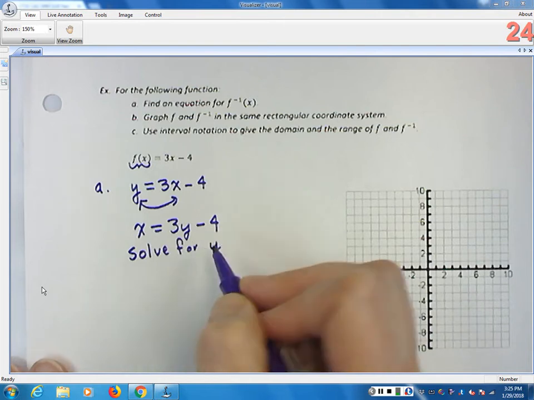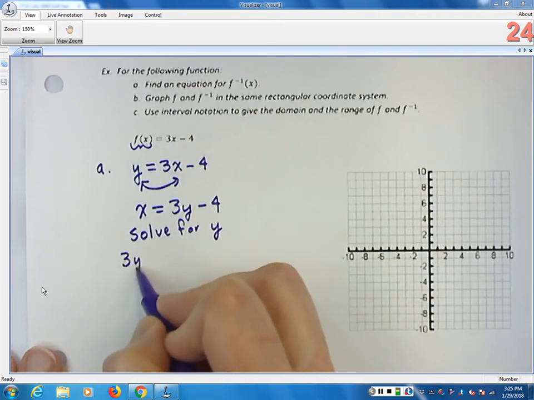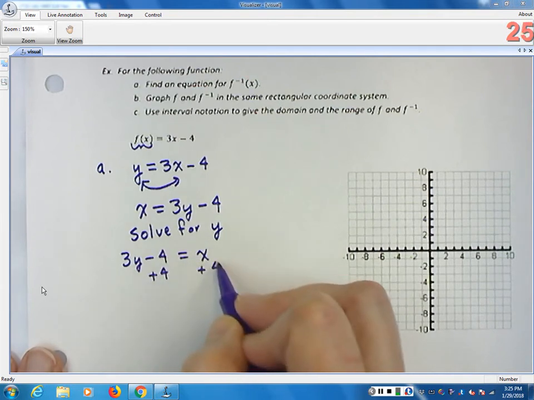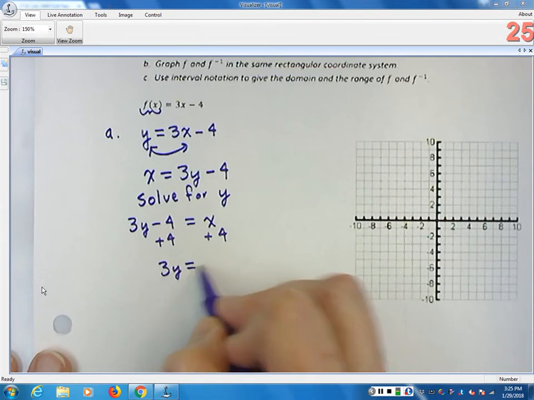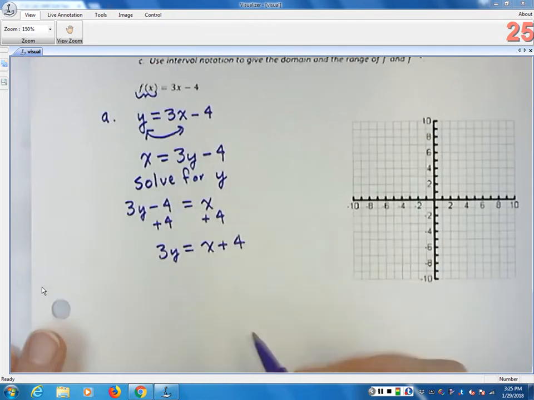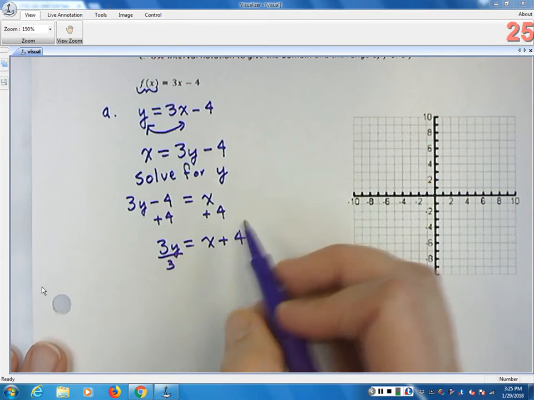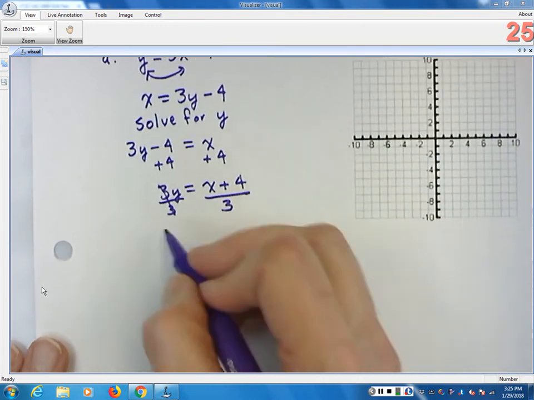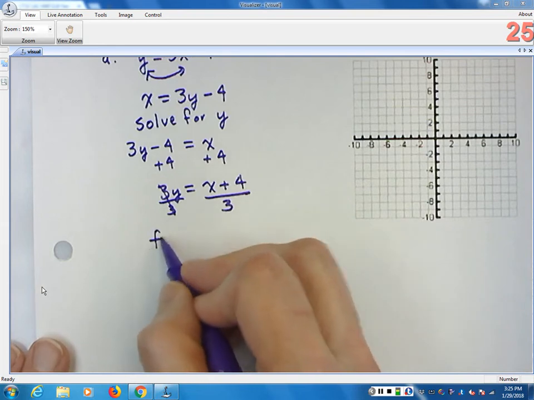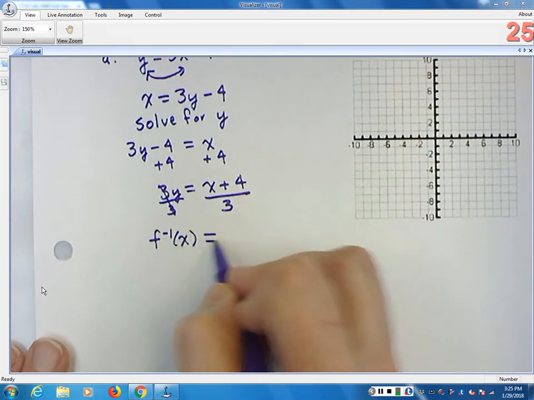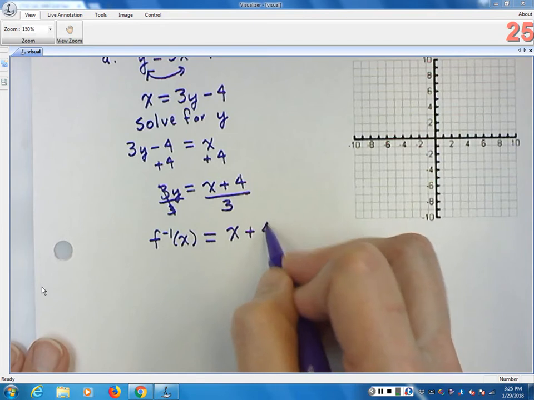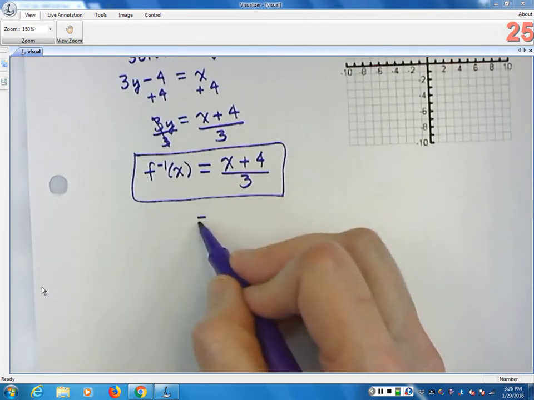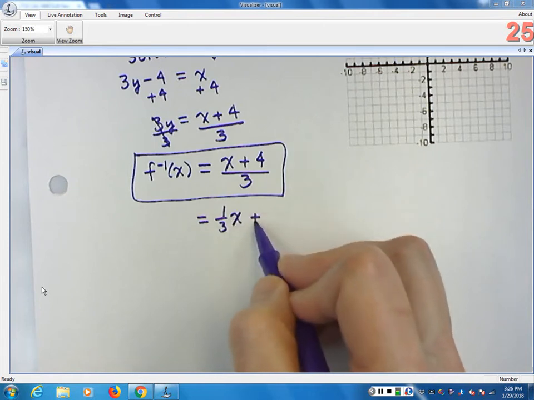So 3y minus 4 equals x, add the 4, 3y equals x plus 4, and then we're going to divide by 3. You can divide the whole thing by 3, and that is a function, so f inverse of x equals x plus 4 over 3. That's the answer. You could write the answer as 1/3 x plus 4/3.